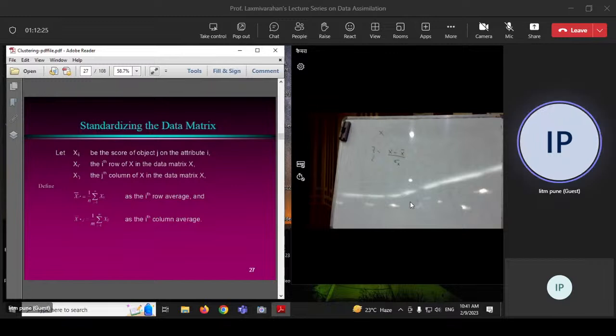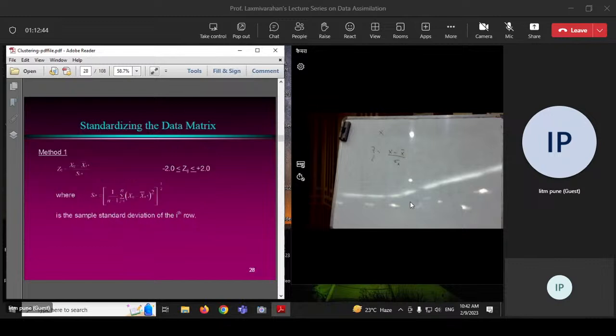We need to compute the row averages, the row variance, the row standard deviation. Given this group of men, what is the mean? Given this group of people, what is the variance? What is the standard deviation? Because of the unit considerations.